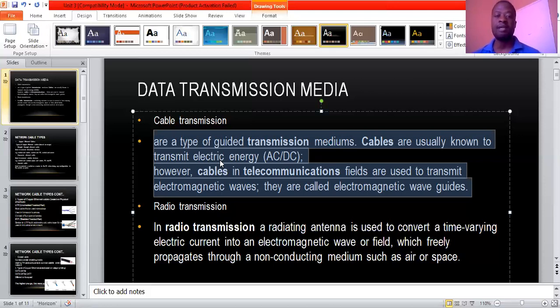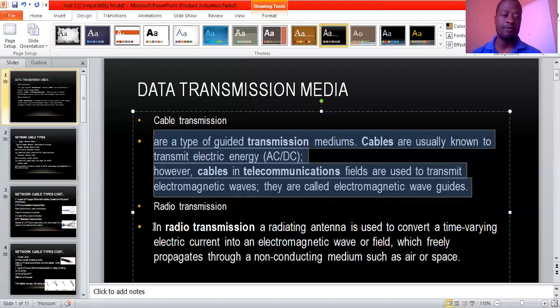However, when it comes to telecommunications, cables are used to transmit electromagnetic waves, and they are called electromagnetic waveguides. So between two nodes, you can plug in a cable, or you can put a cable in between two computing devices, connect them, and by so doing, you can transmit data. So a cable is one you can use to transmit data.